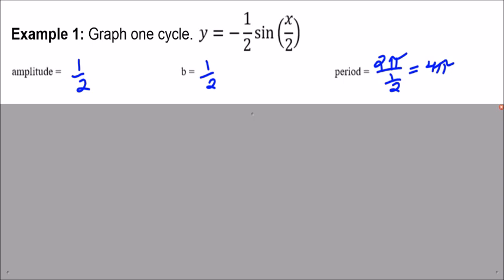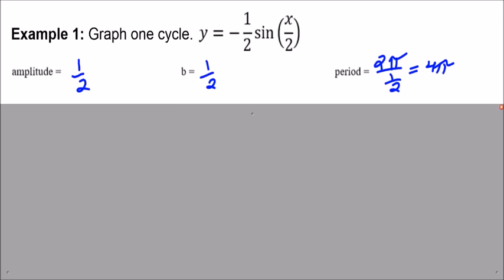It's the distance between that midline and your maximum. And it's also the same distance from that midline to the minimum. So it's always just a positive number. It's a positive distance. And that is really coming from the vertical stretch, or in this case, vertical shrink.